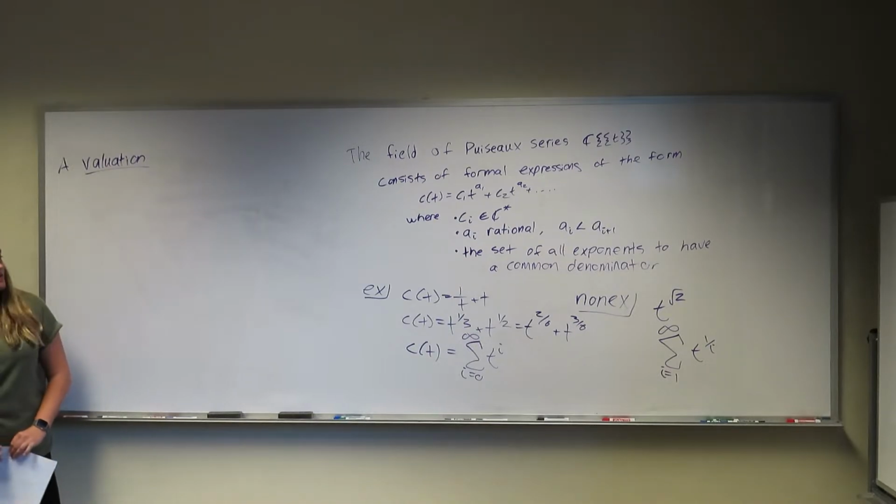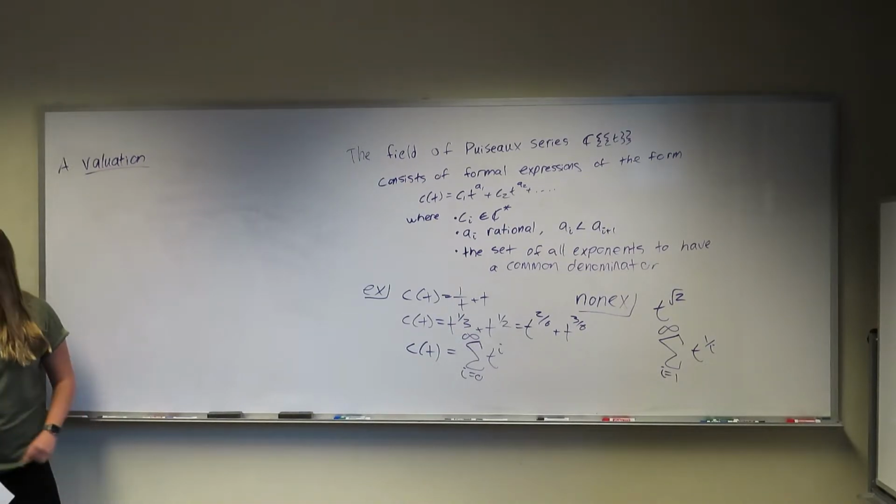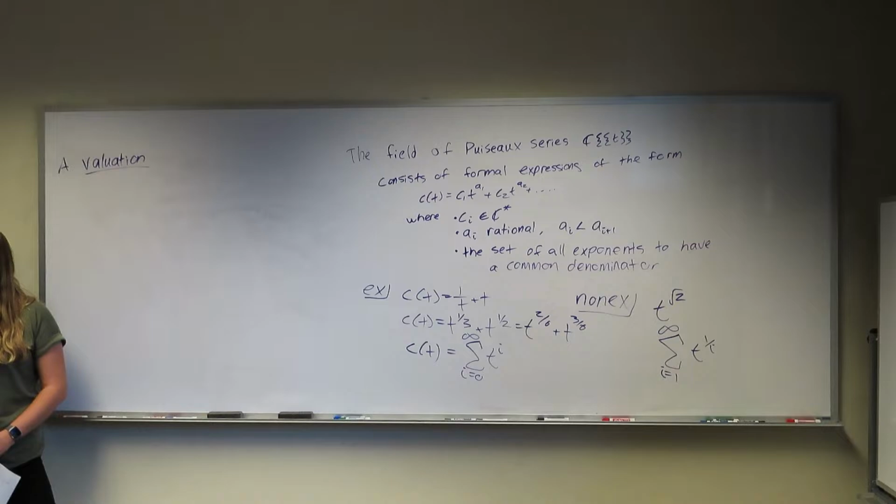Probably, because if you took that non-example and multiplied it by that last example, you'd not get a well-defined product. You'd have an infinite number of contributions to the constant, t to the 1, for instance.